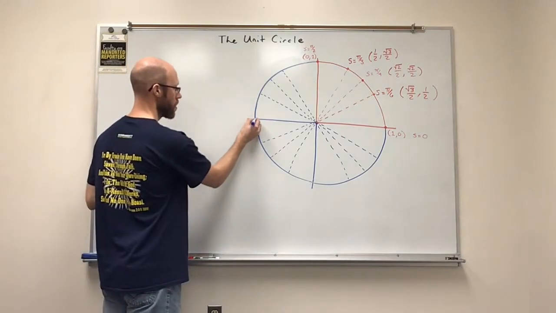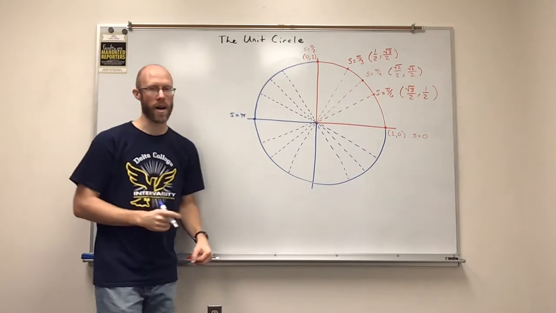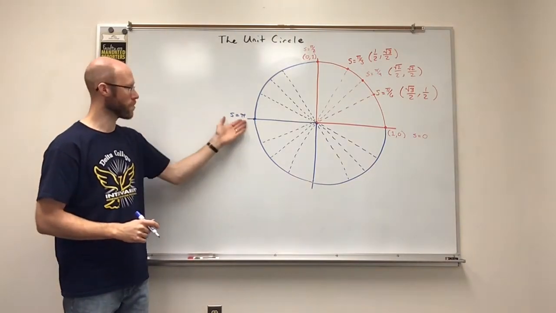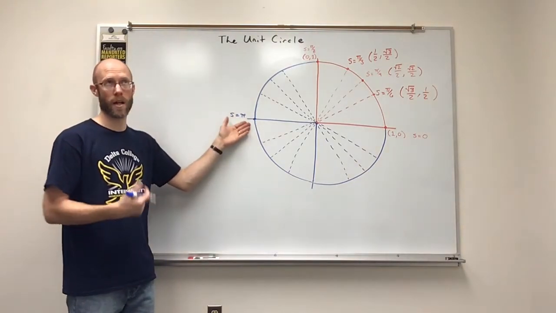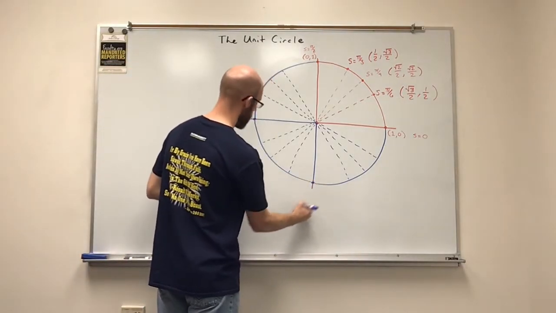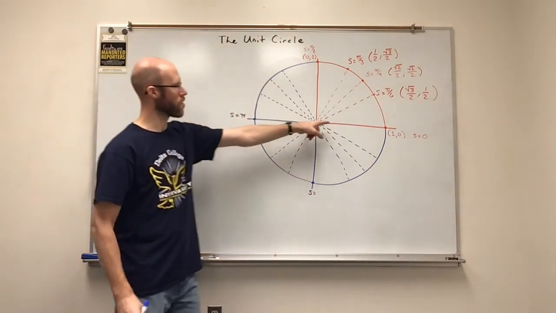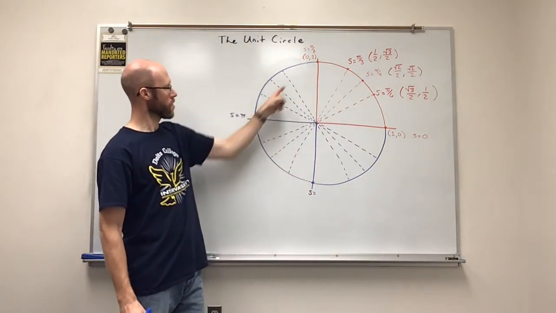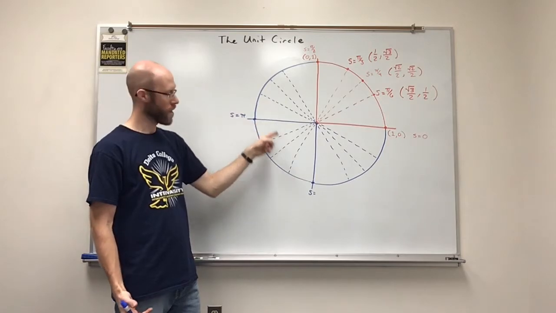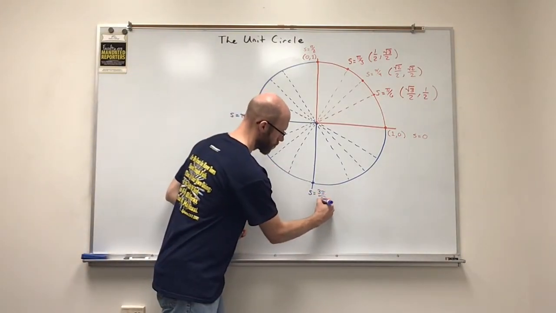So over here, we have s equals just pi on the negative x-axis. And on the negative y-axis, we have s equal to, remember it's 1/2, 2/2 is pi, this would be 3/2. So this would be 3 pi over 2.